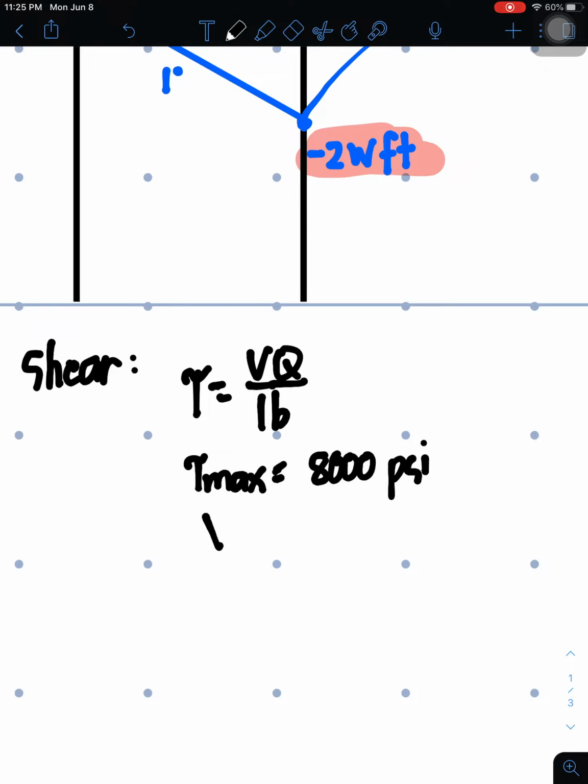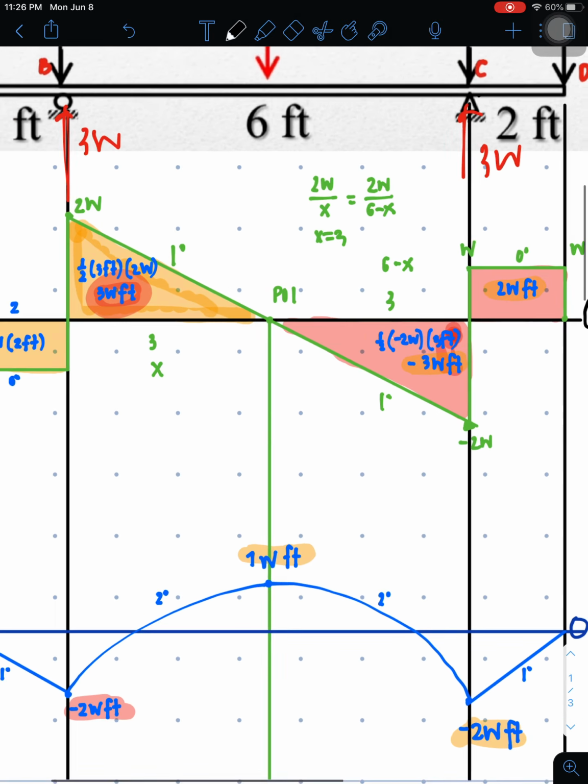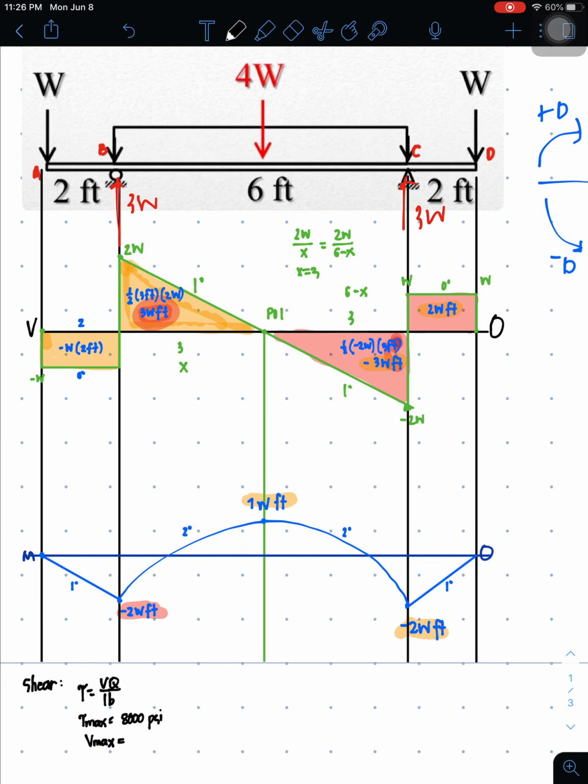And since we're talking about max, then our shear V should also be max. So let's try to look at the value here. What are the maximum values? So you have W, you have 2W, negative 2W, and negative W. So it's obvious that it's 2W, regardless of the sign.